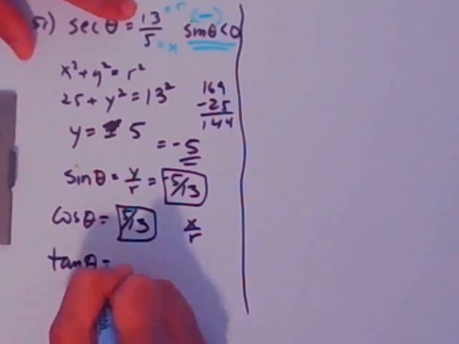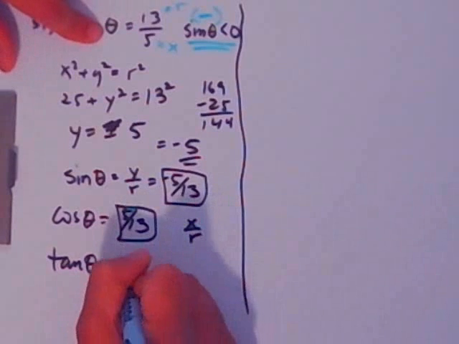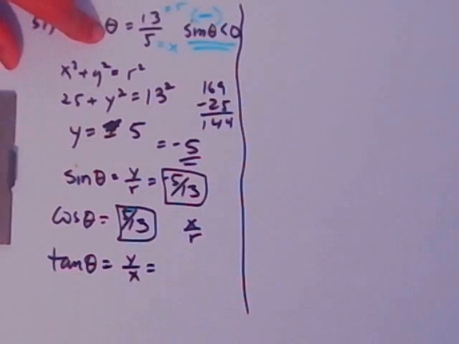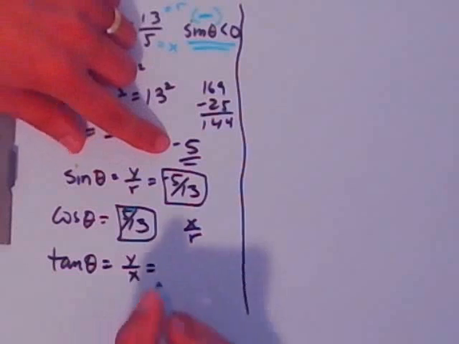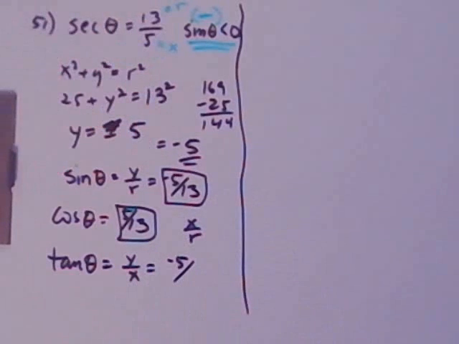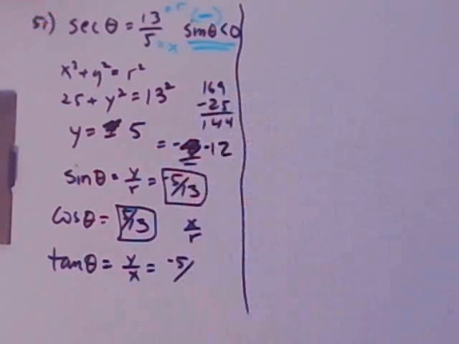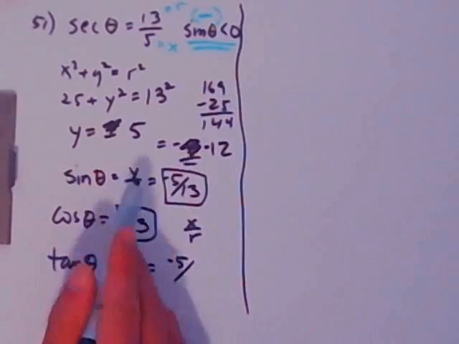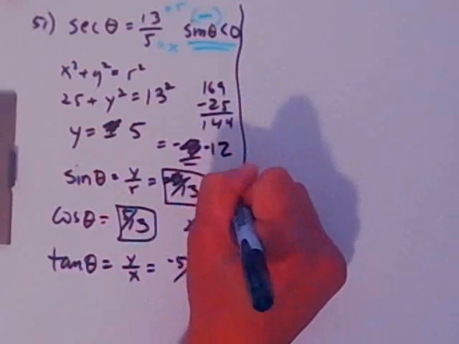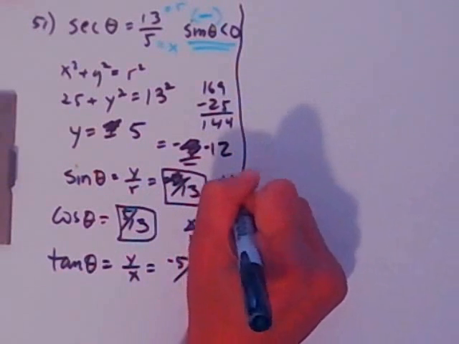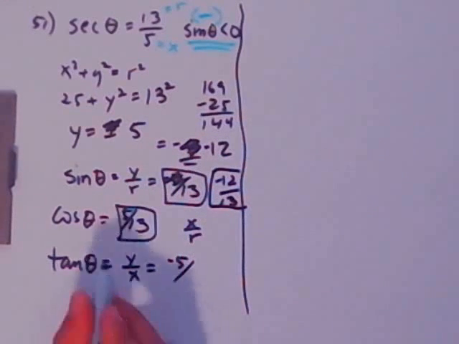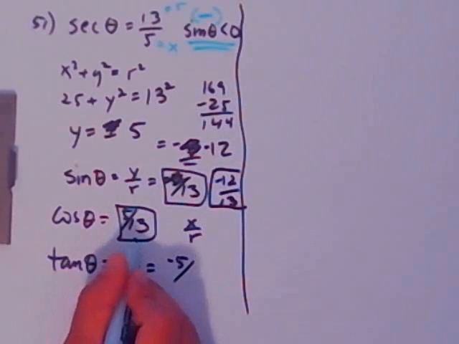Tangent of the angle is y over x. What's my y value? It's negative 5. Over my x value. Where's my x value? There's 5. No, that's not my x value. Whoops, that's not right. 144, oh, yuck. 12, negative 12. Sorry. The sine is negative 12 over 13. Cosine is 5 over 13.